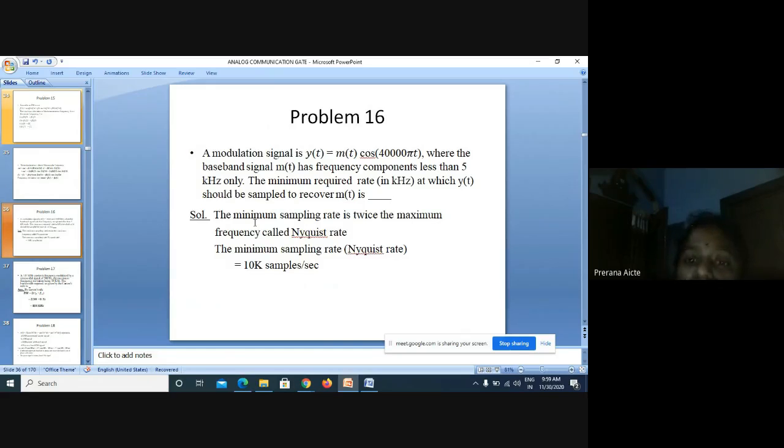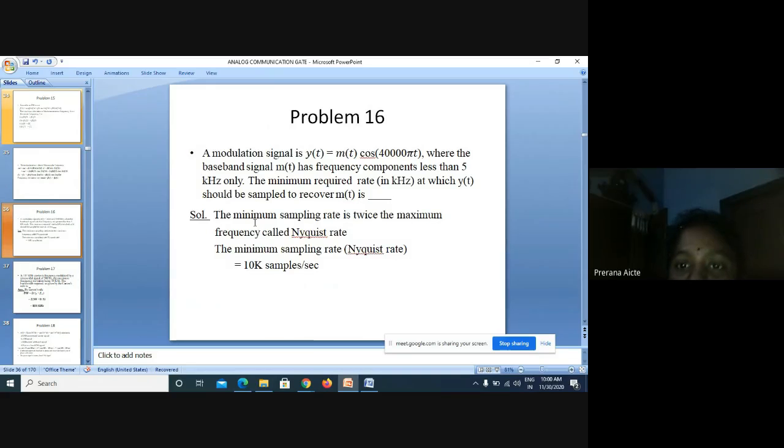So what will happen when we don't have this minimum? If we do not sample with the Nyquist rate, we will get an overlap and we'll get distorted outputs. So to recover our original message m of t, our sample rate should be twice the maximum frequency of our message signal.